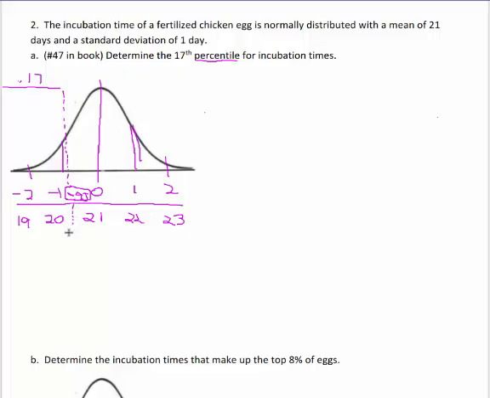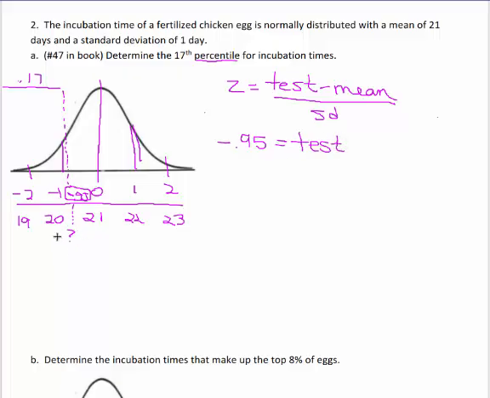Okay, so now we have to translate that into raw data. So remember how that works, we use our formula. Z equals whatever we're testing, minus the mean, divided by the standard deviation. Okay, so we found Z. It's -0.95 equals, we are looking for the raw test data, this thing right here, minus 21 divided by our standard deviation, which is 1, which is nice.